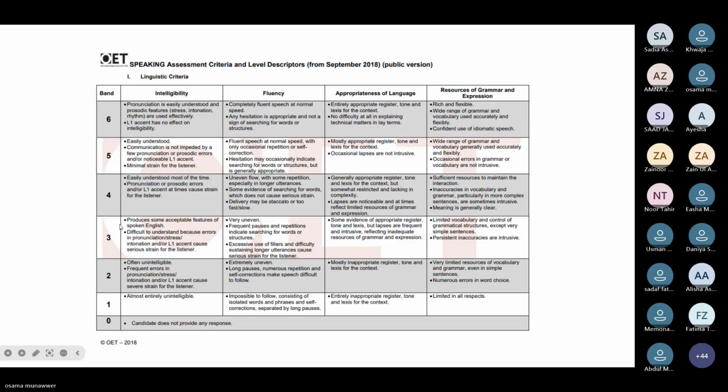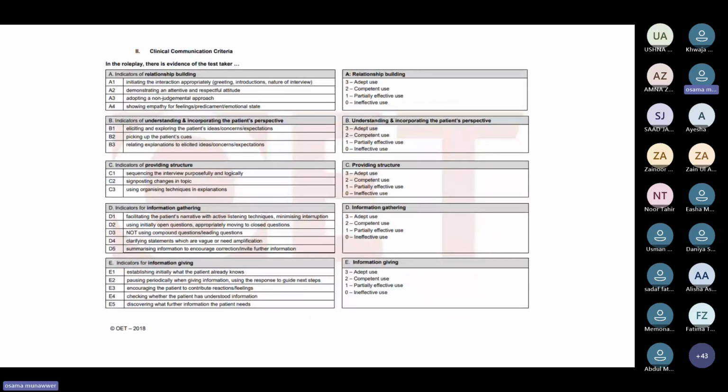So, yeah. Moving on. Information gathering, facilitating the patient's narrative with active listening techniques, minimizing interruption. Like I already said, don't interrupt in between, say yes, okay, I understand, keep doing all this. Using initially open-ended questions and appropriately moving to close-ended questions. So you don't initially ask whether you have stomach ache.